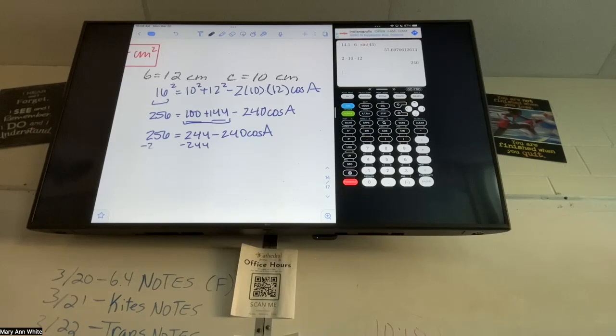Minus 244 from both sides. And we get 256 minus 244, and I get 12 equals negative 240 cosine A. Divide by negative 240.